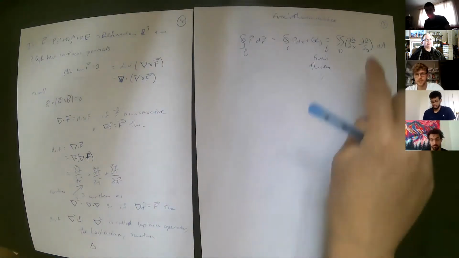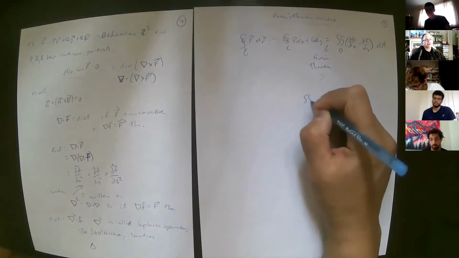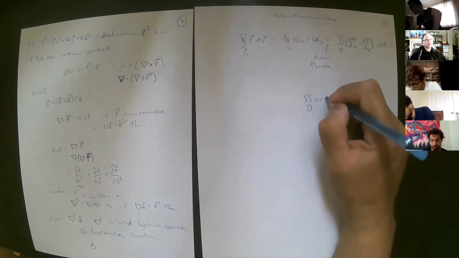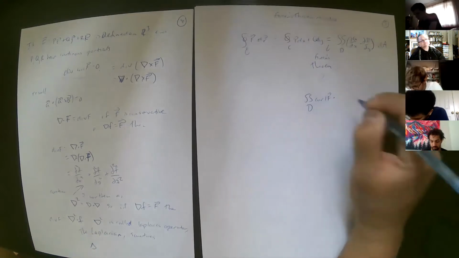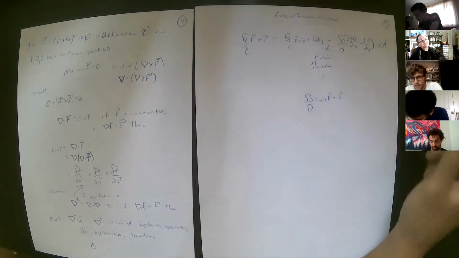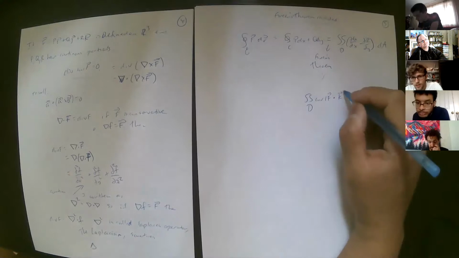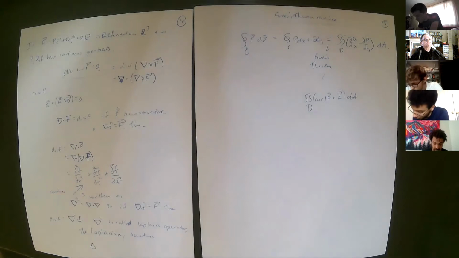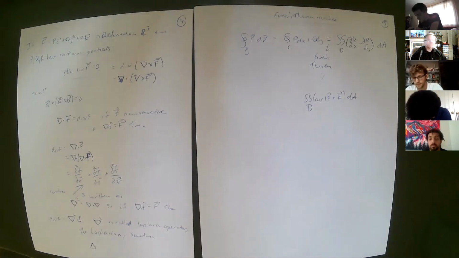So we can rewrite this as the integral over D of the curl of F dotted with the k vector. Okay. Does that make sense?